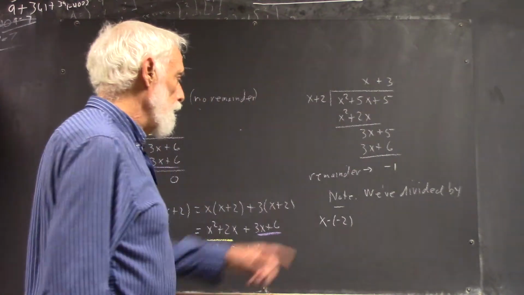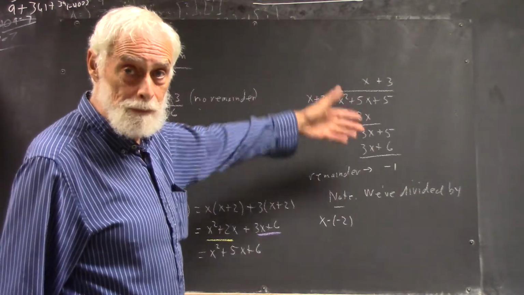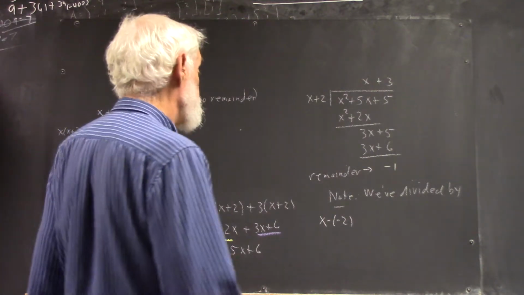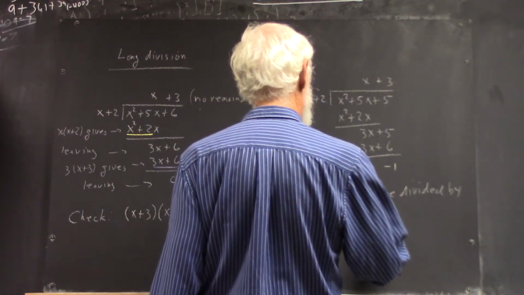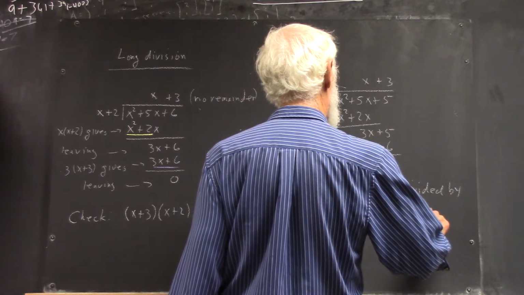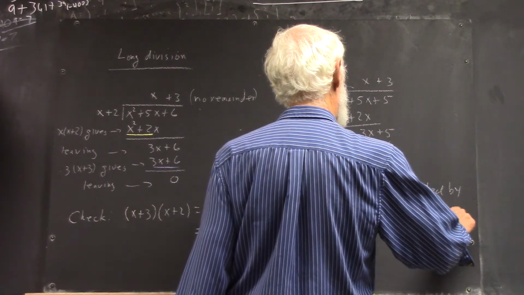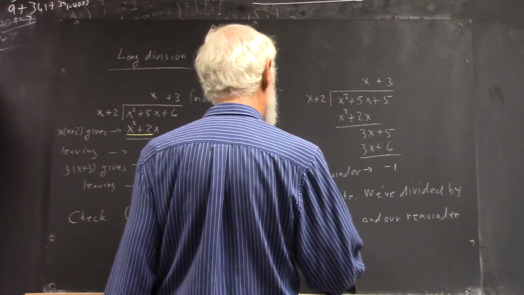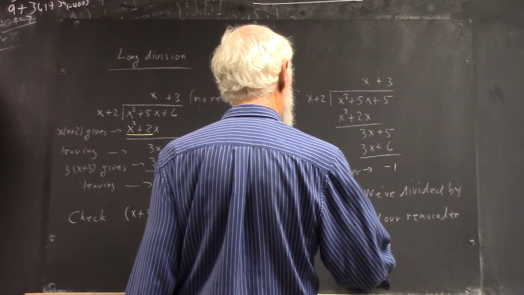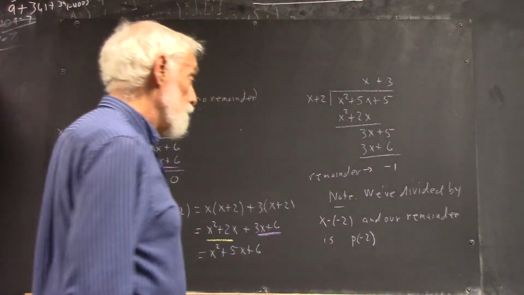We've divided by x minus -2, which is another way of writing x plus 2, right? And our remainder is p of -2.